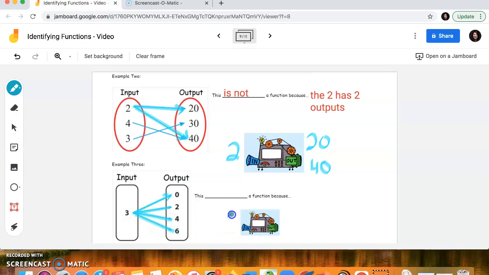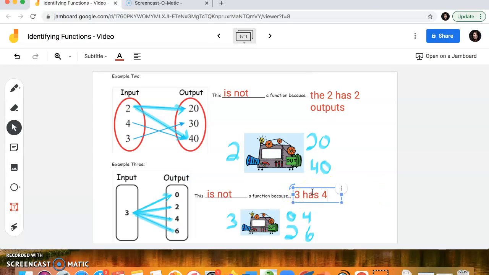So when we input the number 3, we're going to have an output of 0, an output of 2, an output of 4 and an output of 6. So this is definitely not a function because it has 4 outputs. And as we know, a function can only have one output. So this is not a function because 3 has 4 outputs.